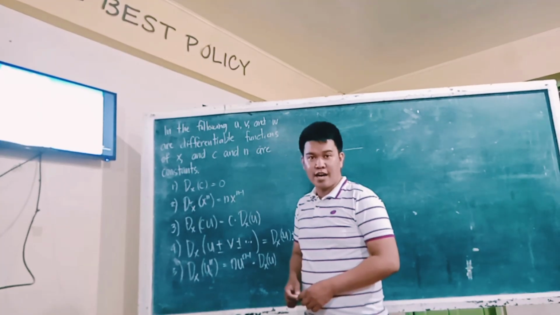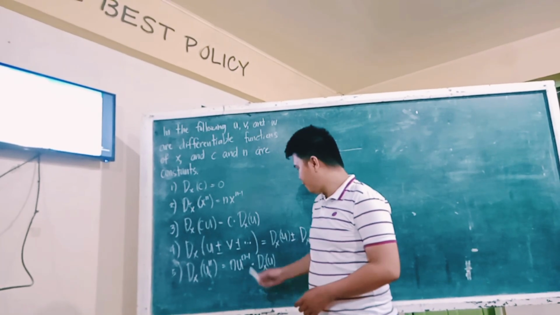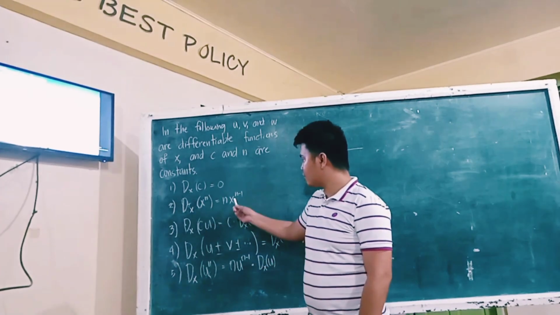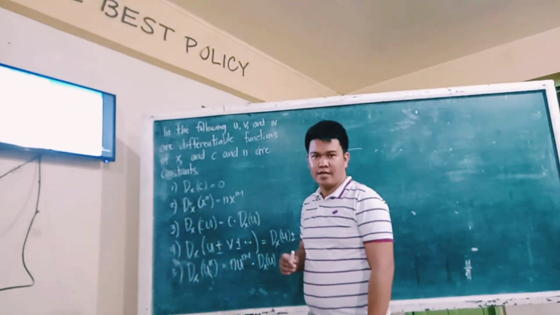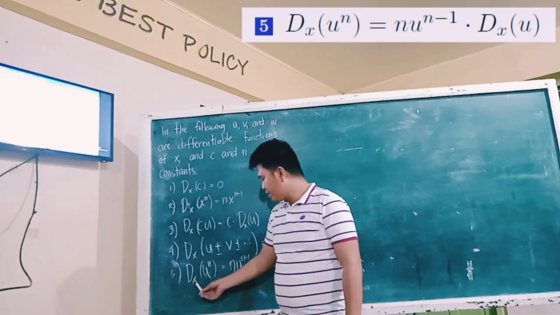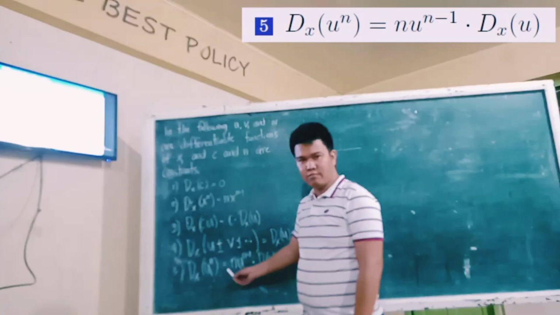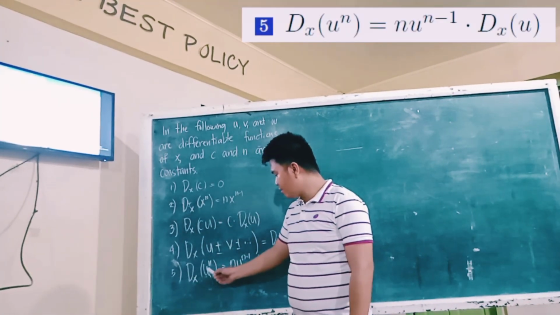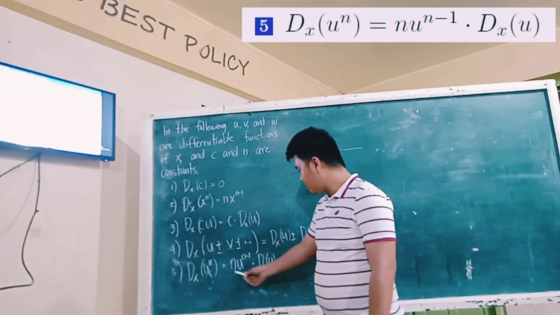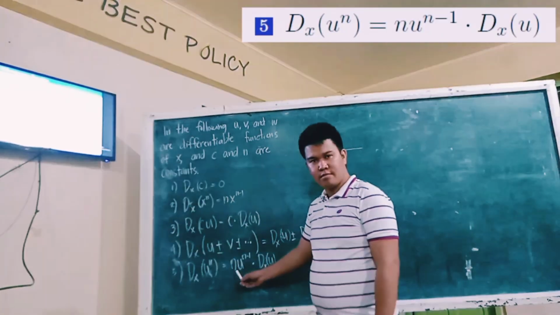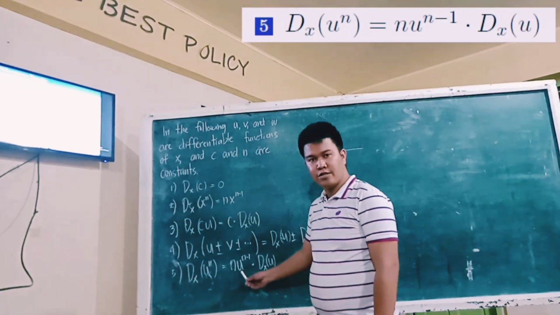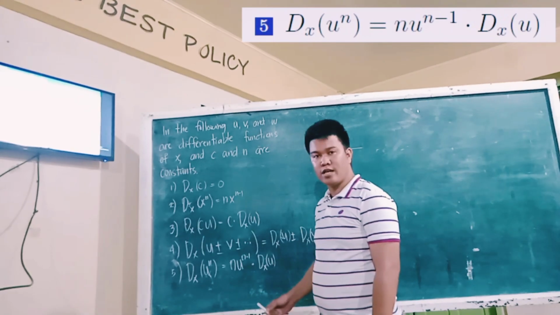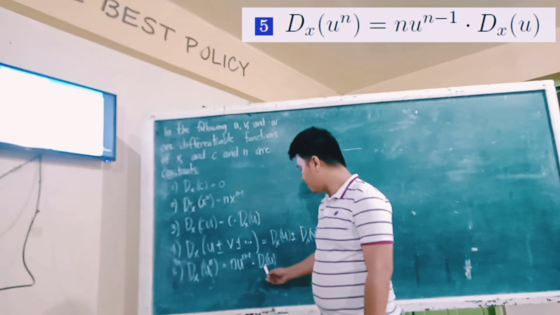We are now in the fifth formula, and the fifth formula is the generalization of the second formula. So here we have the derivative of a function u raised to n with respect to x is equal to n times u to the power of n minus 1 times the derivative of u.